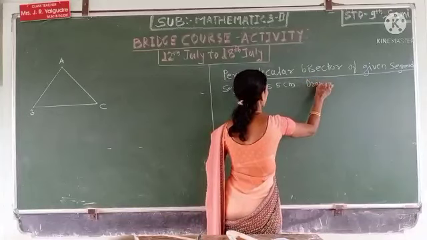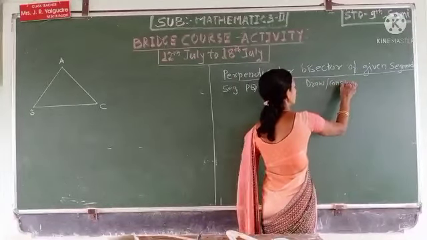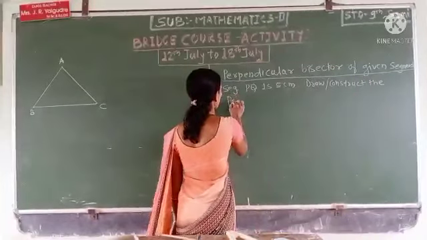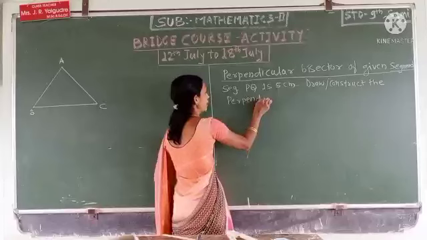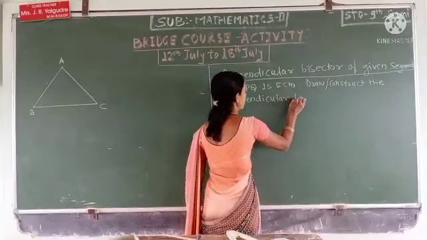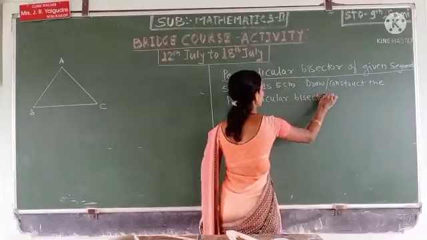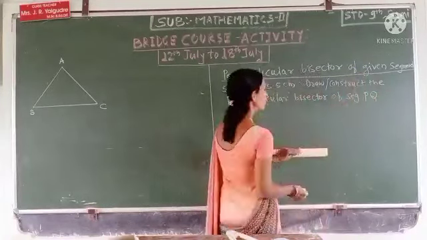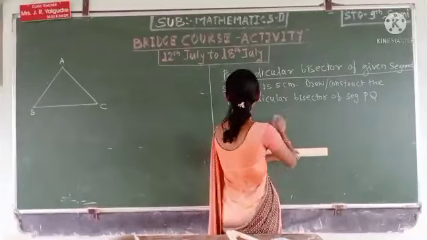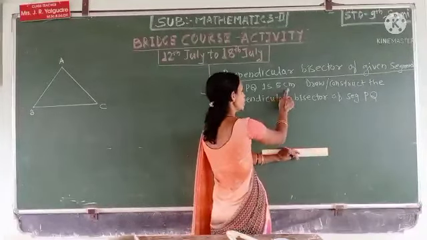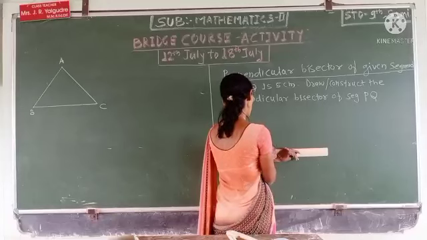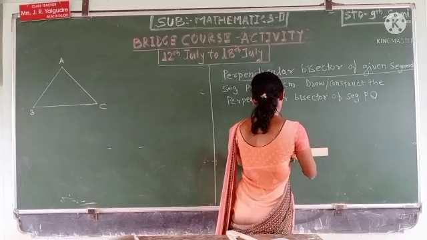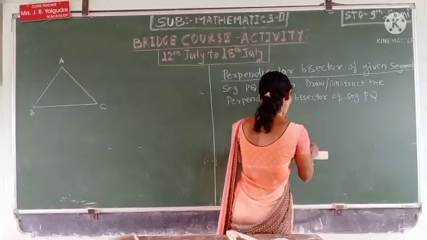Then construct the perpendicular bisector of segment PQ. First of all, draw the line segment PQ of 5 cm. See here, using the ruler, from 0 you have to draw the line segment of 5 cm.